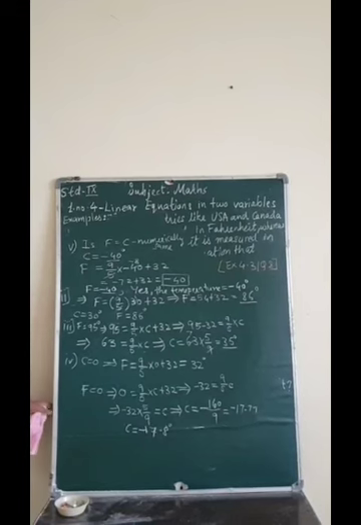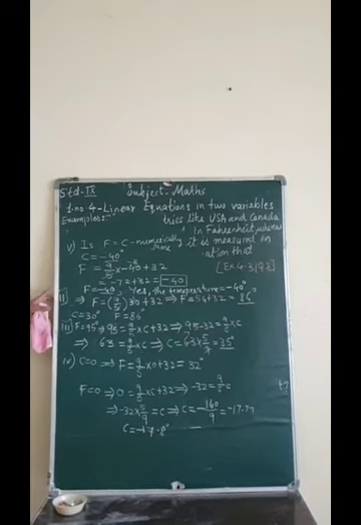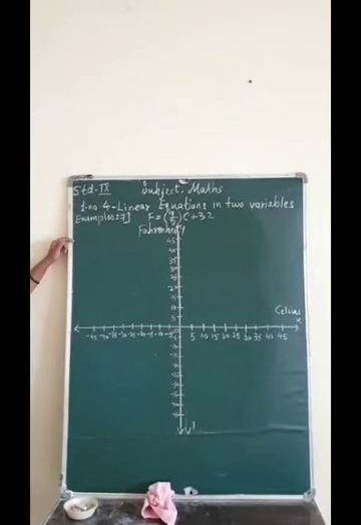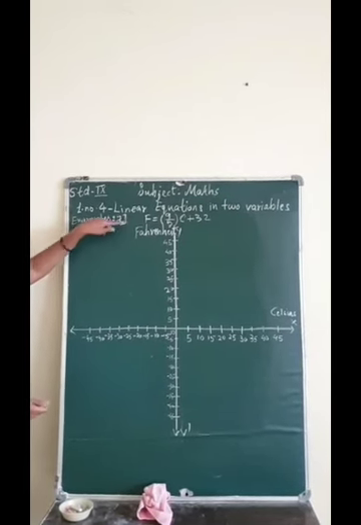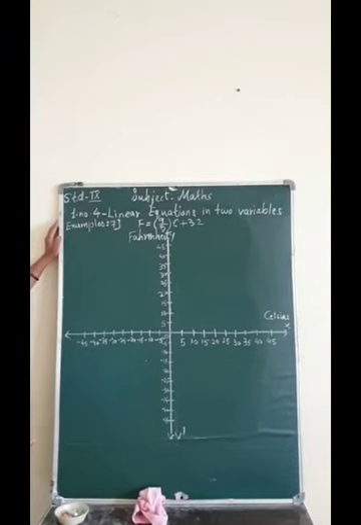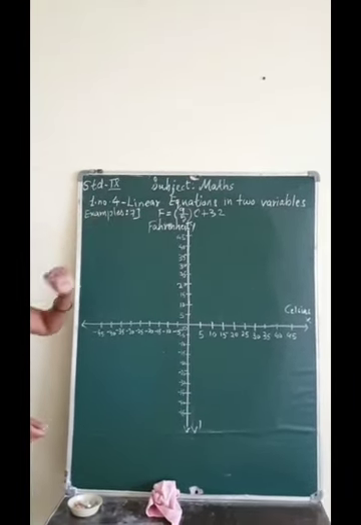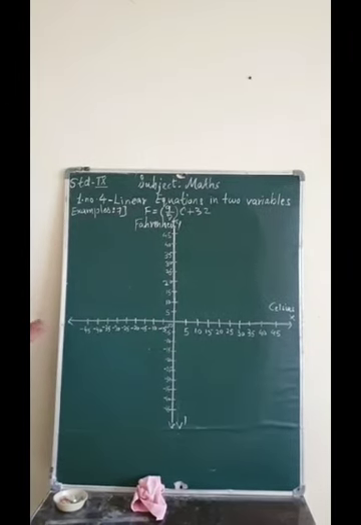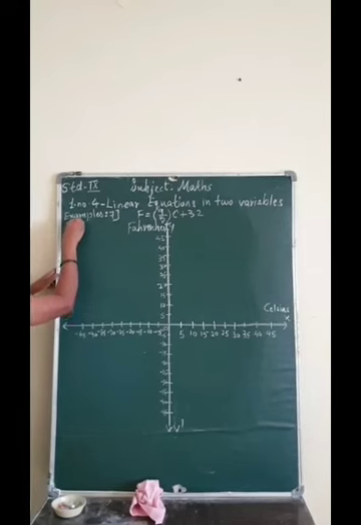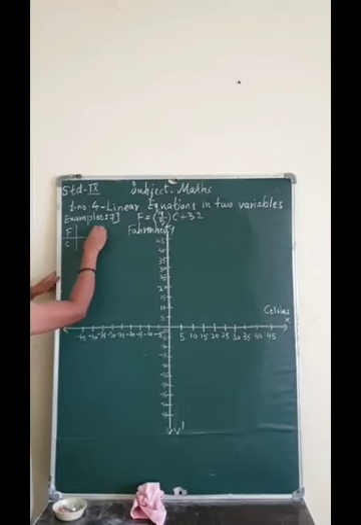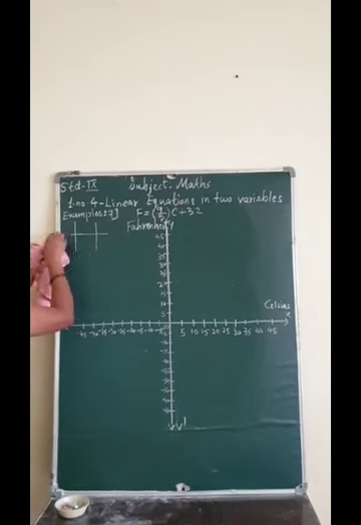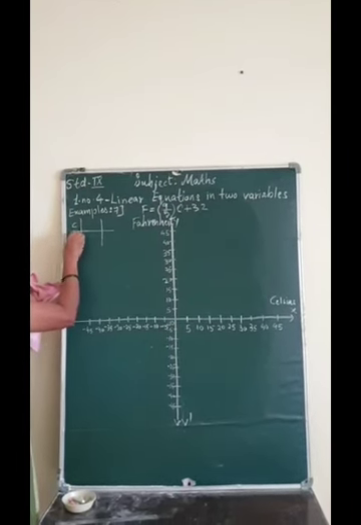After this, we will draw the graph for the equation. The equation given is F is equal to 9 upon 5 into C plus 32. Now we are putting the values for F and C in tabular form. So here we will take C, F first.